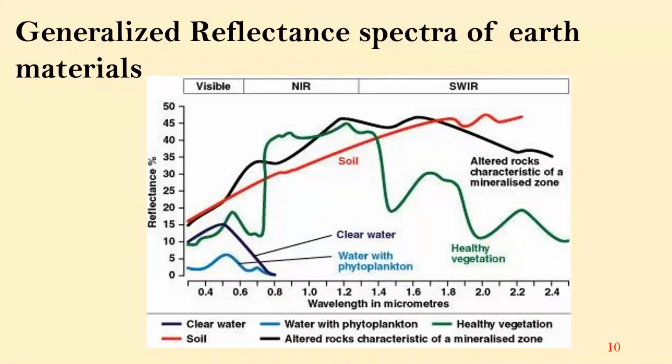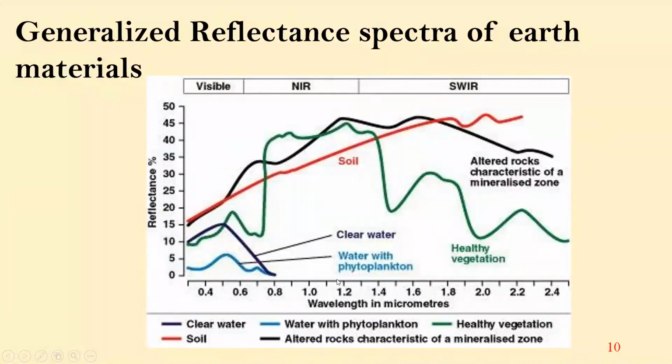What you are seeing here is a generalized reflectance spectra of Earth materials under visible, near infrared, and short wave infrared bands. For example, the clear water in violet has reflectance in the blue and green region, and after that, in red and NIR, there is absorption happening.